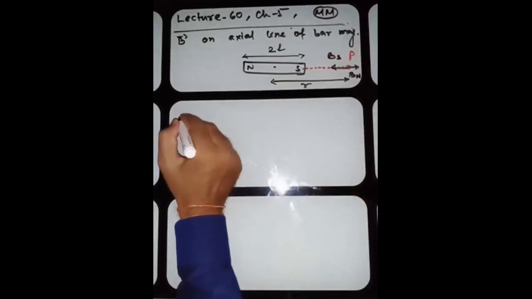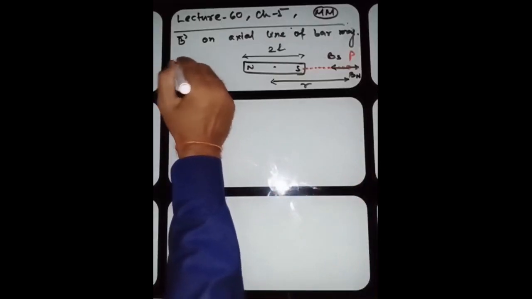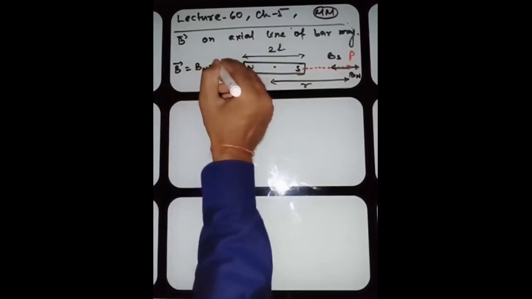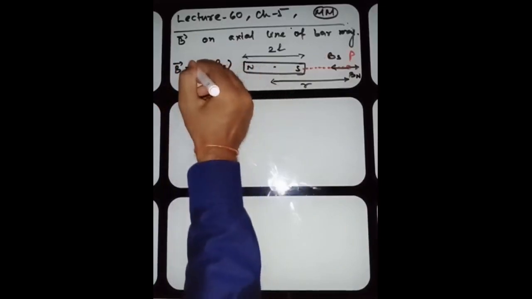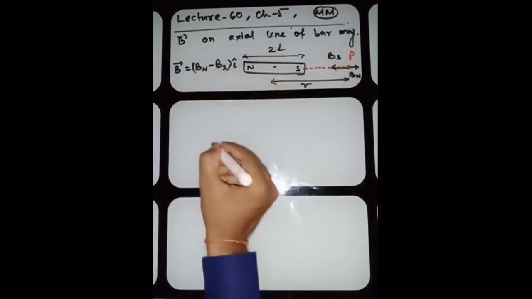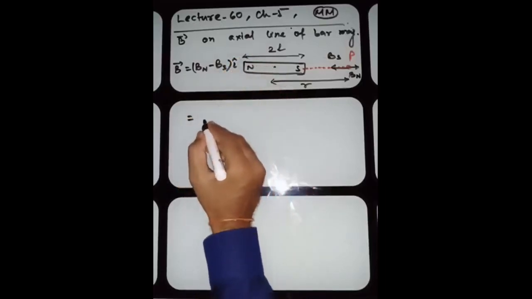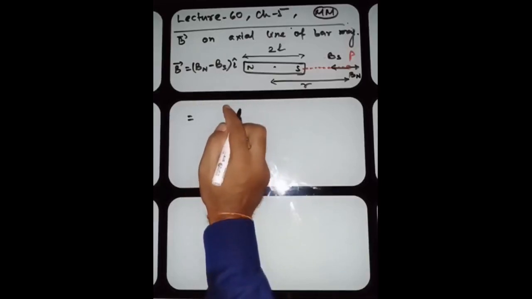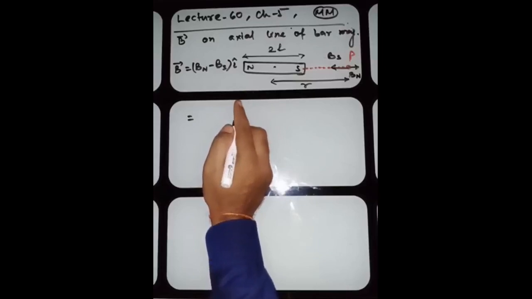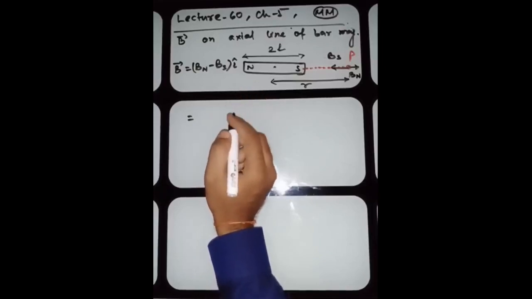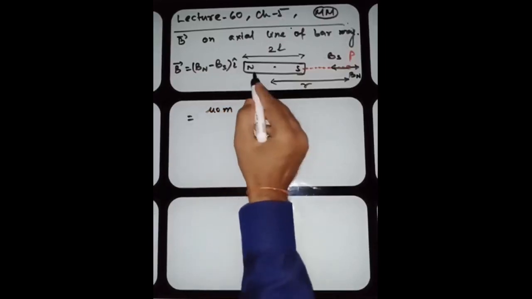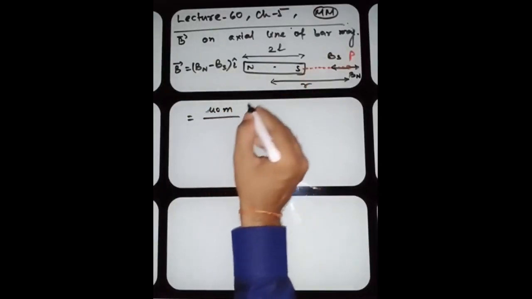The net magnetic field will be B net equals B north minus B south. Now we have to calculate, and what is the formula of magnetic field? We have calculated mu naught m by 4 pi r square. So here mu naught, m and 4 pi will be common for both poles of the same magnet.